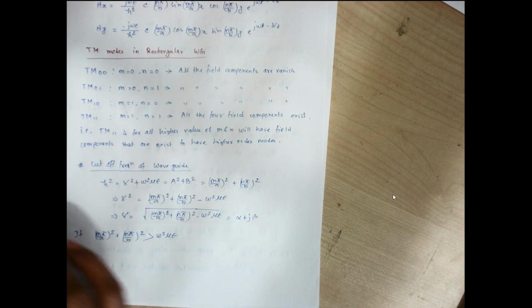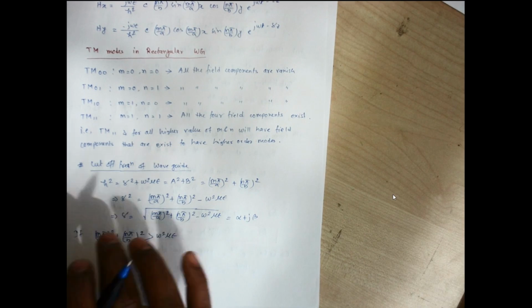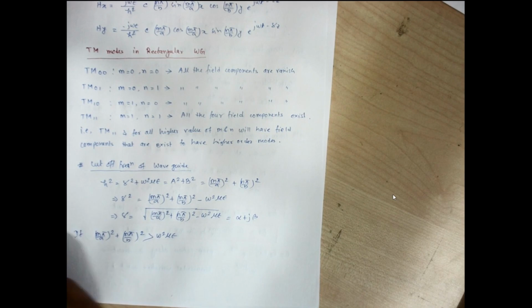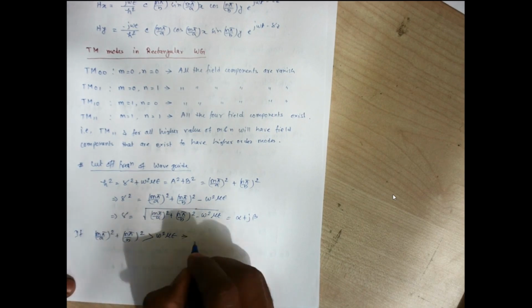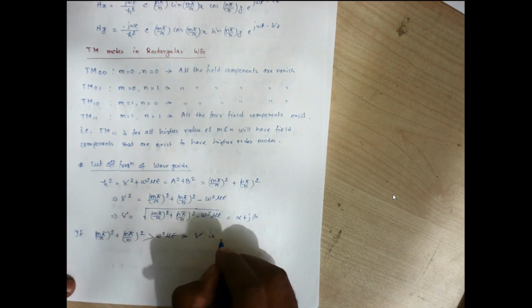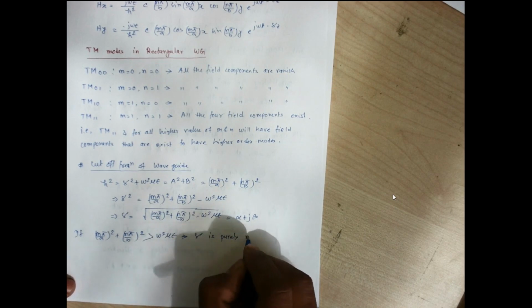If this value is greater than omega square mu epsilon, then gamma is purely real.